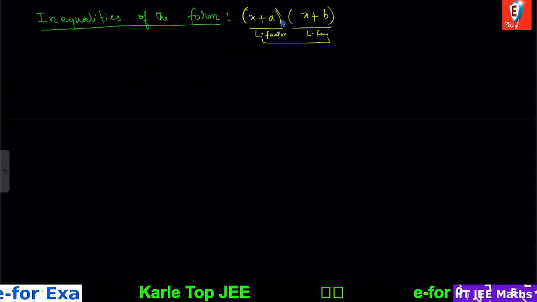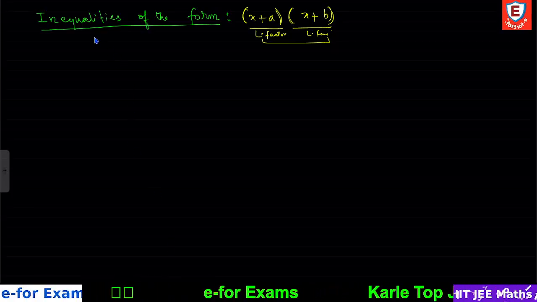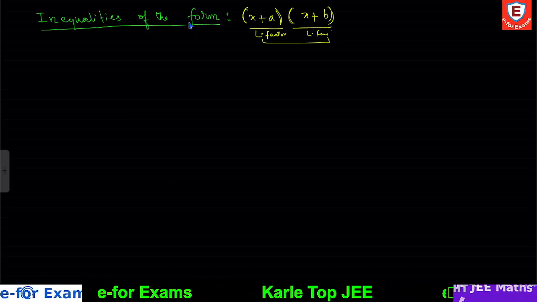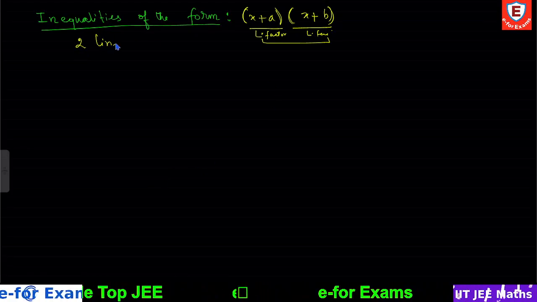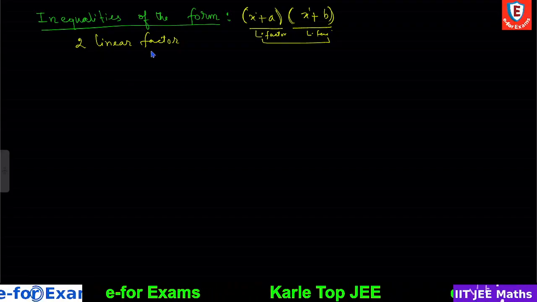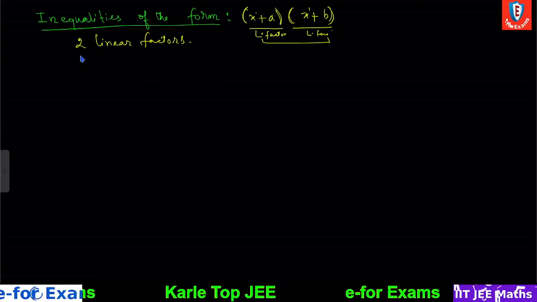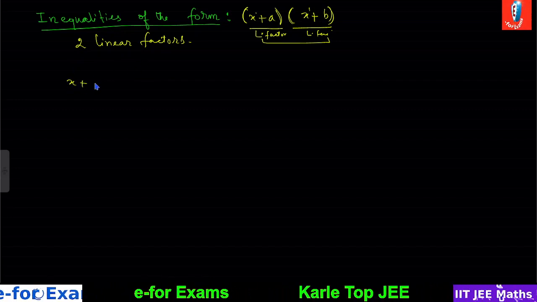How many brackets are there? One is there, and a second, two brackets or two linear factors. Inequalities of the form that can be broken down into two linear factors. Linear means degree 1. Two linear factors, for this type of inequality.